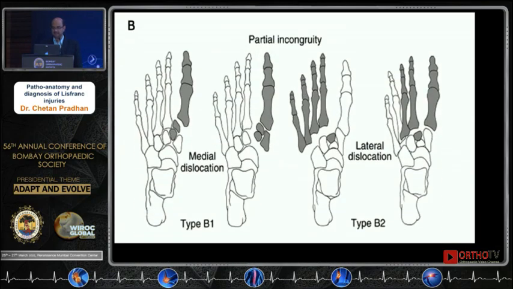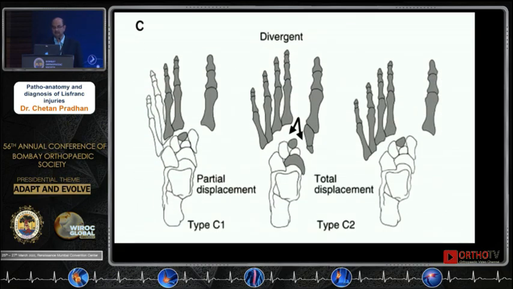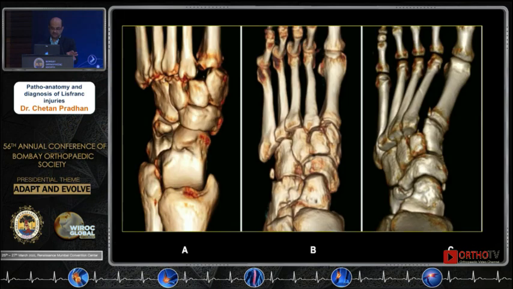Type B is partially either medial or partially lateral, and type C is a divergent dislocation, either partial or totally divergent displaced. So this is just a theoretical classification. It does not really predict any outcome, neither does it give us a guideline on treatment, because even subtle incongruities may end up with surgery. So this is type A, B, C in the CT.